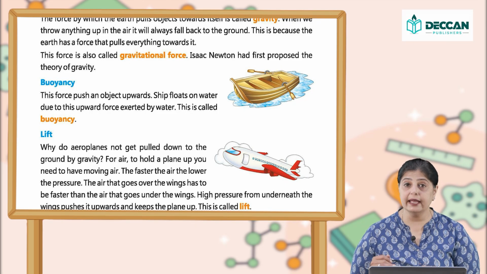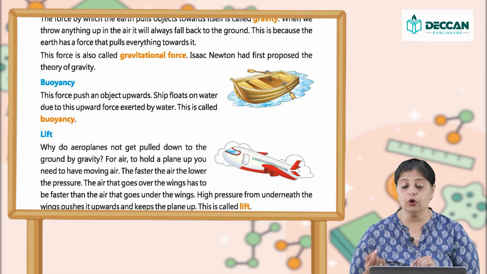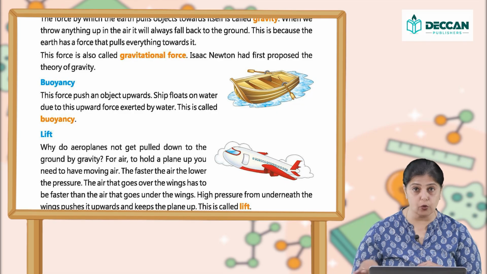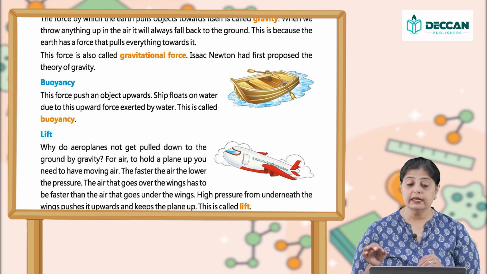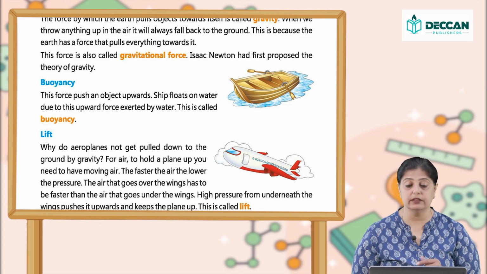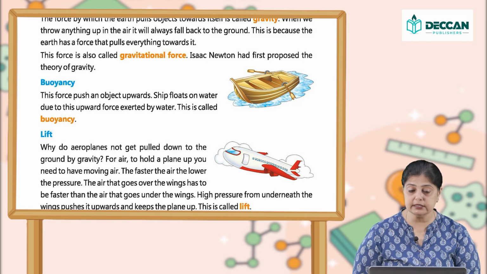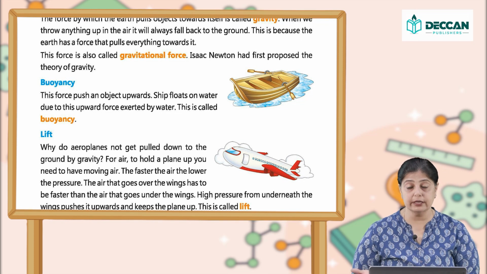The air that flows over the wings has to be faster than the one that goes under the wing. High pressure from underneath will always push the wings upwards, they will lift up.